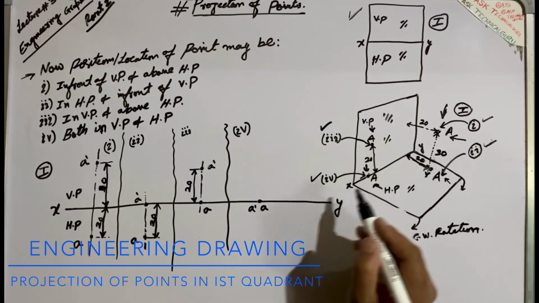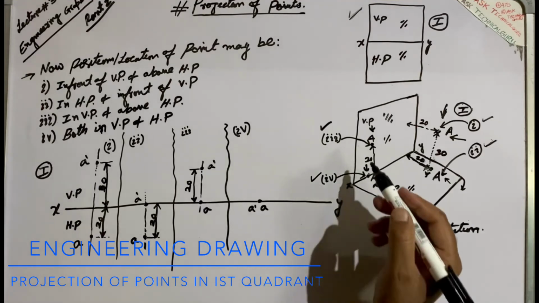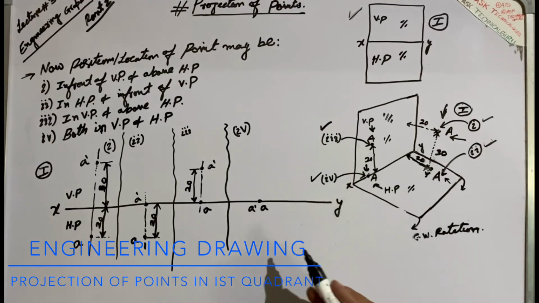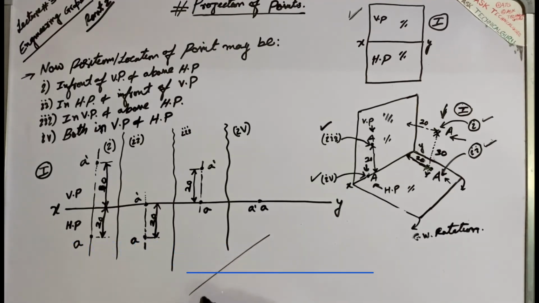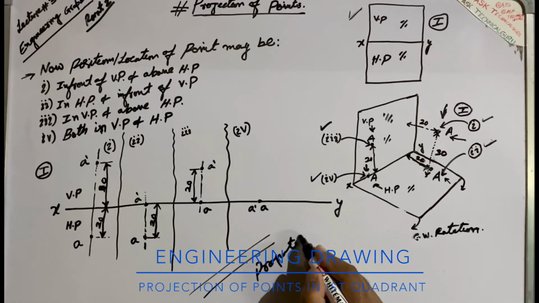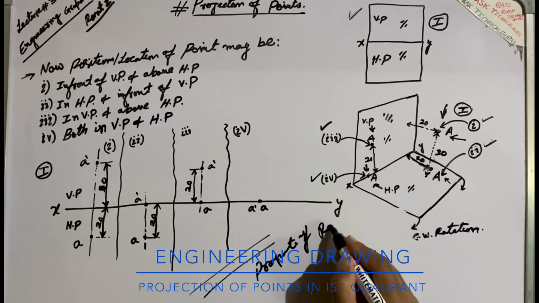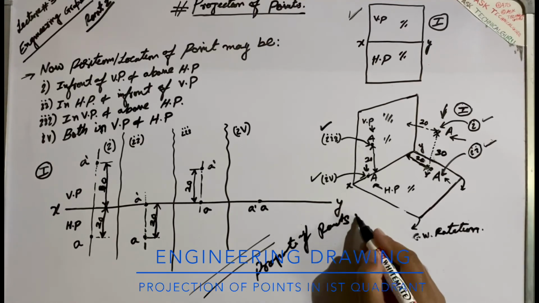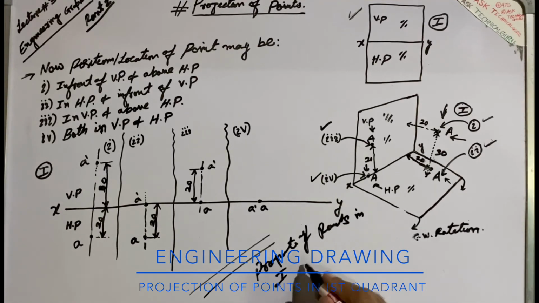So it is 0 mm away from the horizontal plane and 0 mm away from the vertical plane. Hope you have understood. This completes the lecture on projection of points in first quadrant. Thanks.